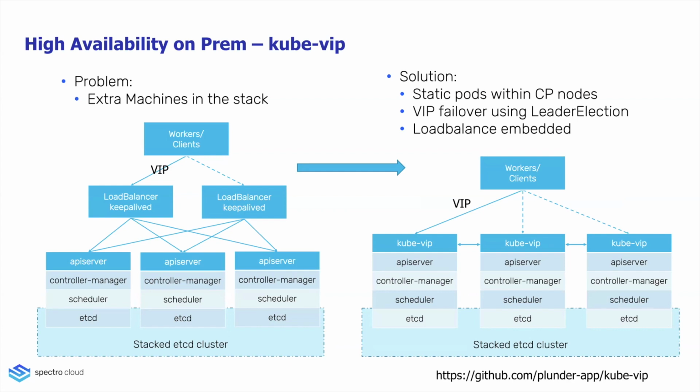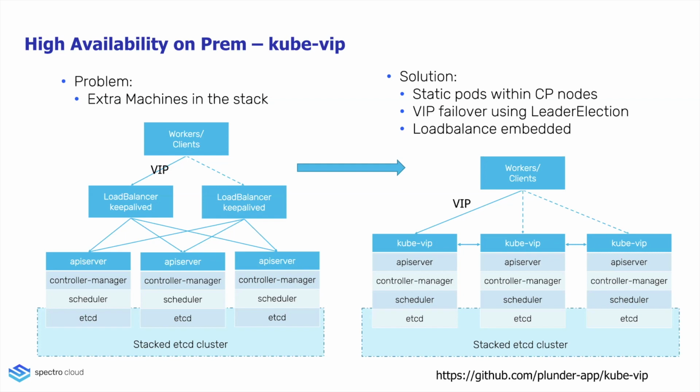And then instead of using a separate solution like Keepalived to do the VIP failover, it uses Kubernetes leader election to do the failover. Leader election is already widely used within Kubernetes by all the different controllers. Internally, it can also support a load balancer mode.